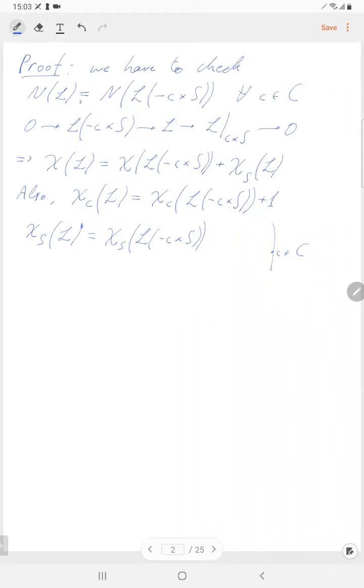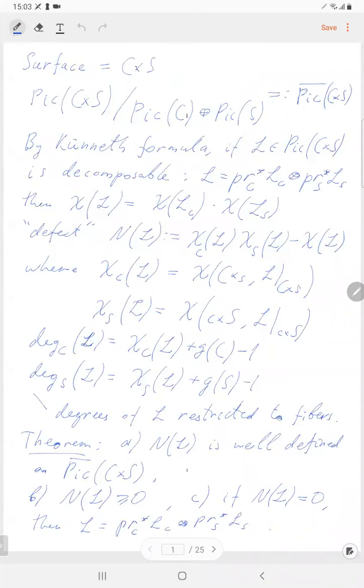So when you add at one point, you get positive L characteristic plus 1. Okay. So we proved the first part. The fact that the defect does not change if we twist by horizontal or vertical divisor. Okay, so now I have to prove this positivity, part B.